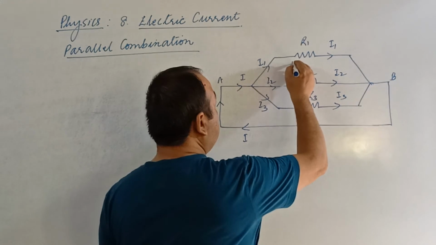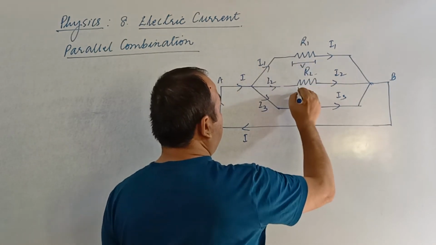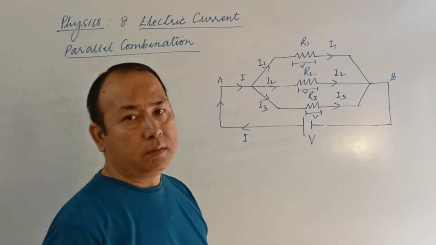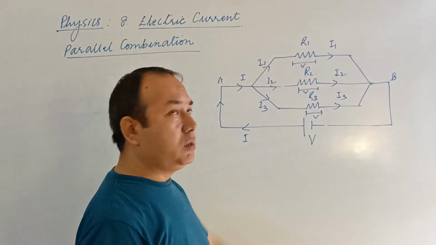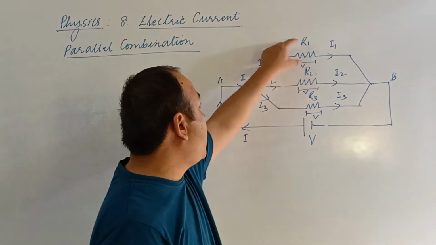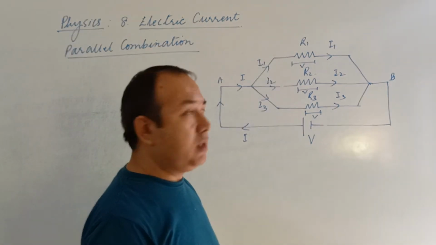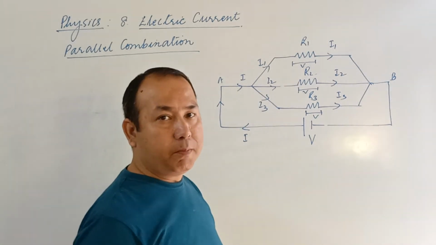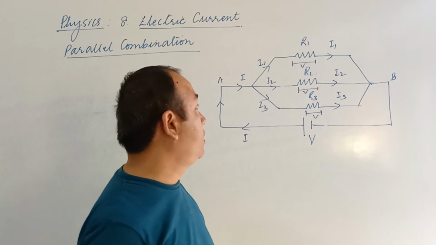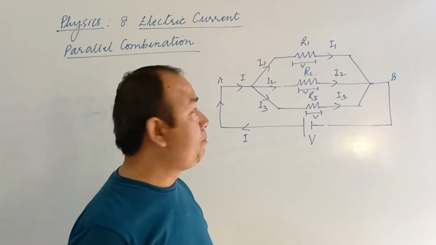And the potential difference across each of the resistances is the same, which is V. So if these are three bulbs, then the bulbs will glow with the same brightness. That is why house wiring is always done in parallel.